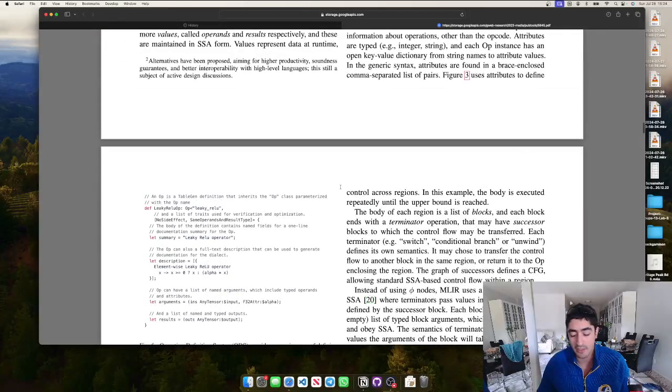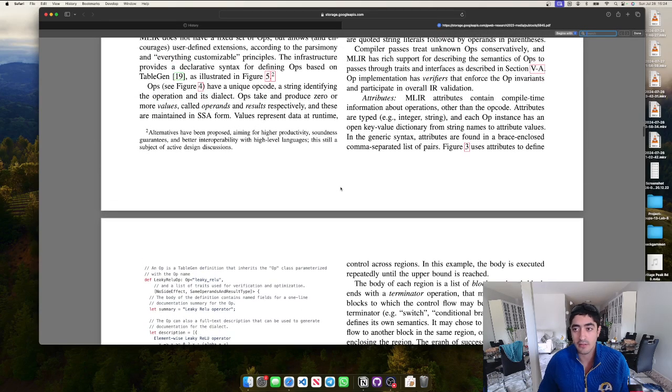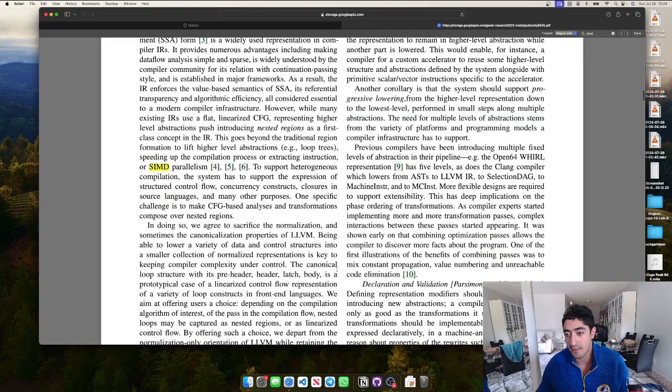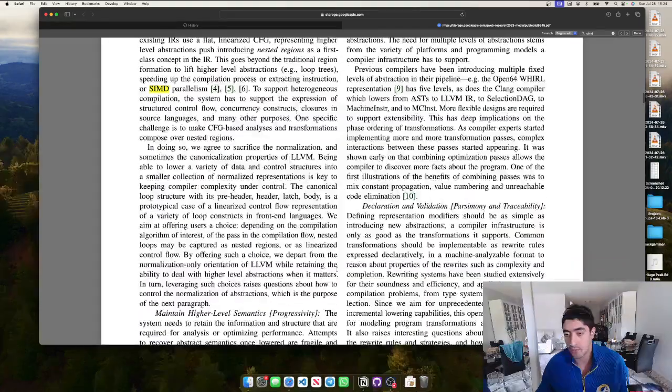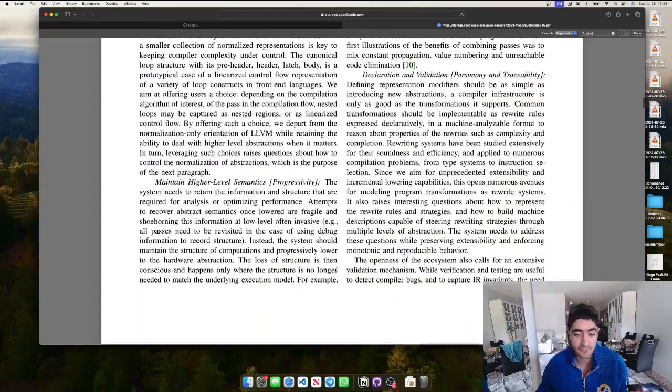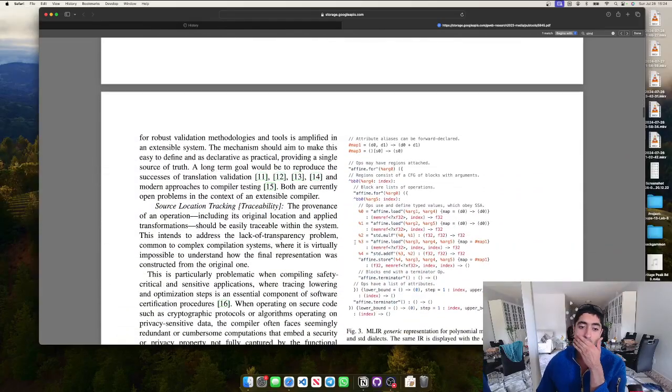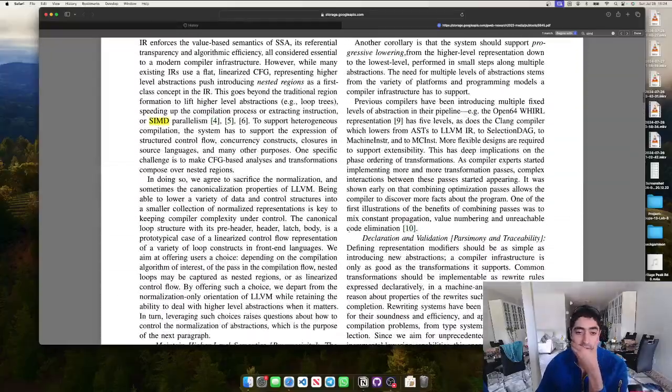We learned about single instruction multiple data streams, SIMD, right? And then we learned about taxonomy, and then we learned about static single assignment, and then what else did we learn about?